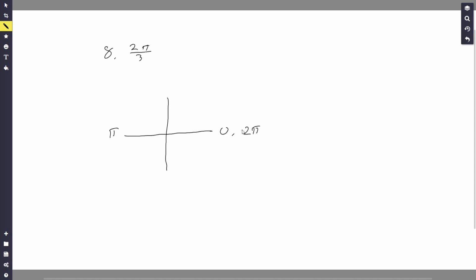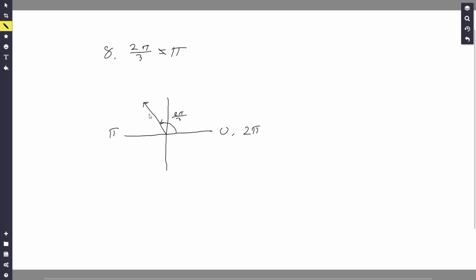So 0 or 2 pi over here. We know that this is 180. This is really close to just being pi, but it doesn't equal pi just yet. I'm just going to estimate here, since that's about 60 or that's about 120 degrees, it's going to end up right around right here. 2 pi over 3.